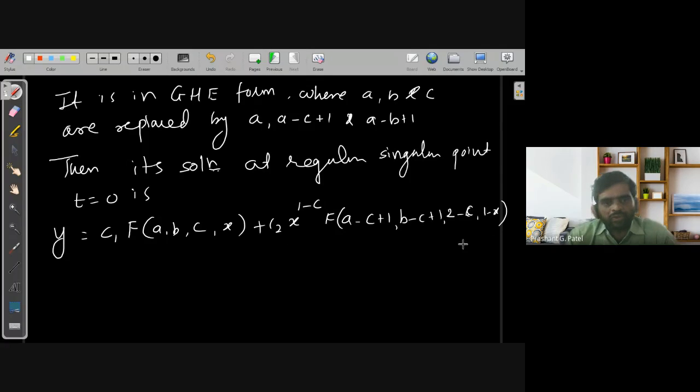This is the solution if a, b, c are those quantities. But here, instead of a we have a, instead of b we have a minus c plus 1.